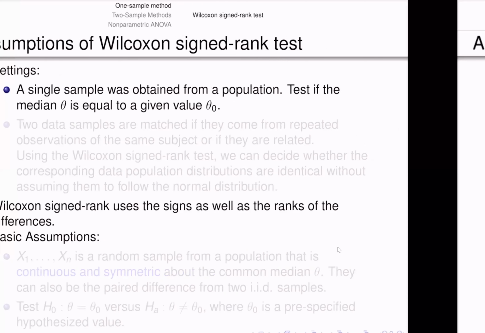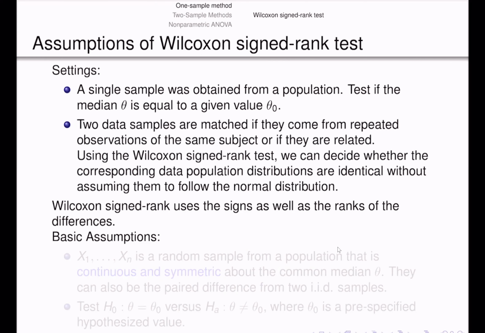Another setting is the two-sample case. In this setting, we have two samples observed, but these two are actually related in the sense that each subject is measured repeatedly twice. One, for example, before treatment, and one after treatment, measured on the same subject. In that case, we have paired data.